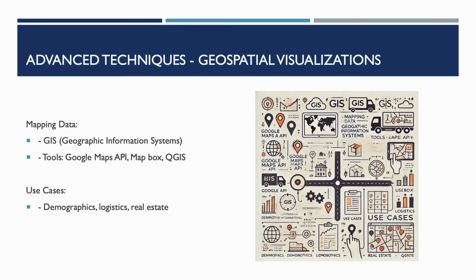Then the logistics sector. For industries involved in logistics and supply chain management, geospatial visualizations are essential. Companies can track the movement of goods, optimize delivery routes, and identify bottlenecks in the supply chain by visualizing data on a map.